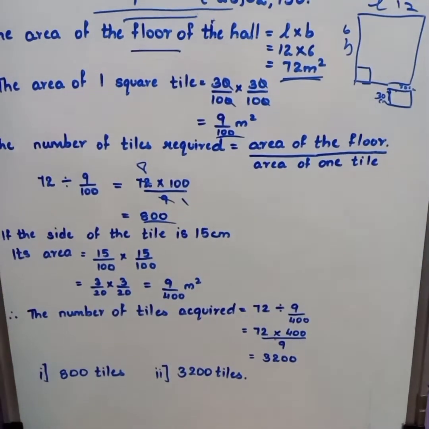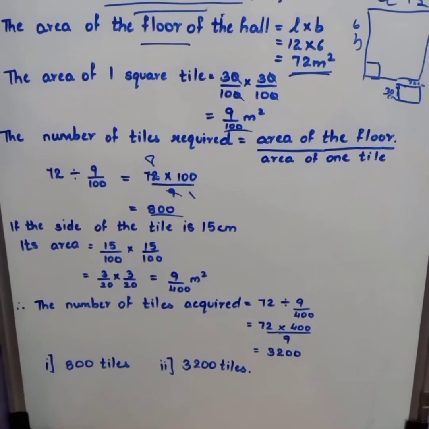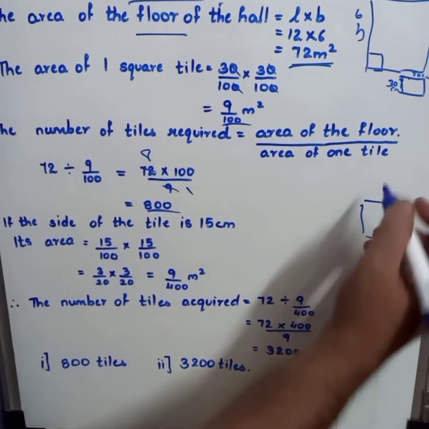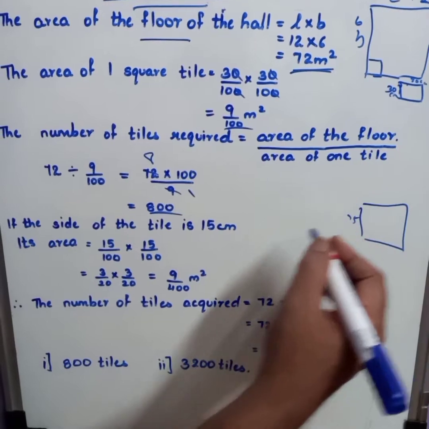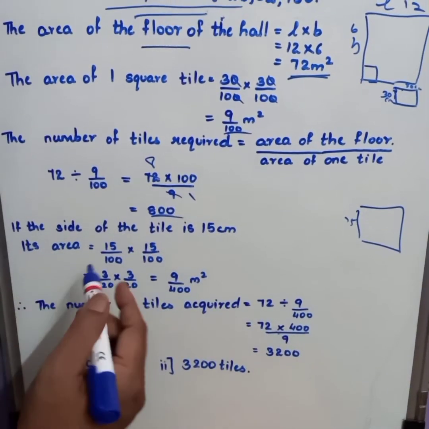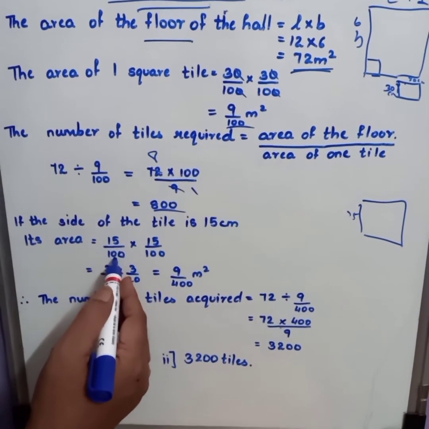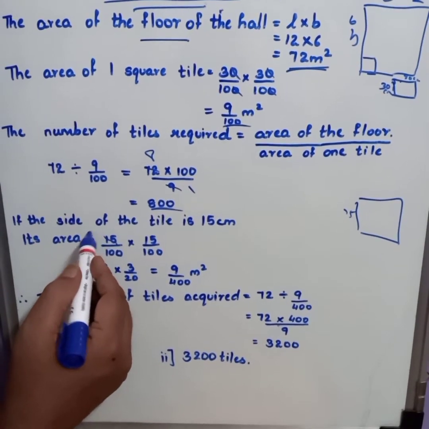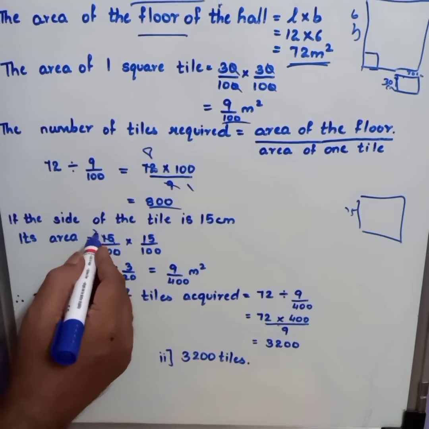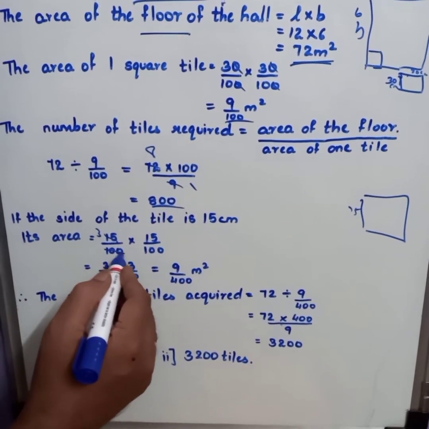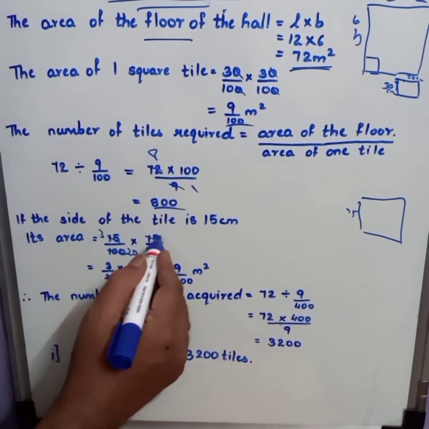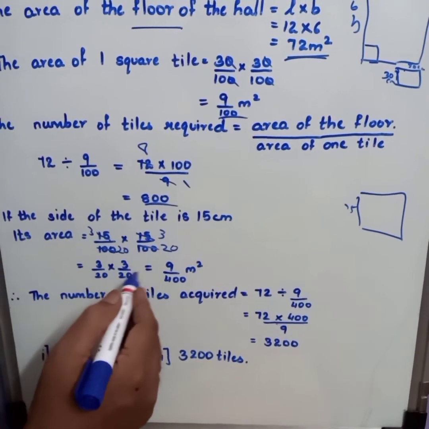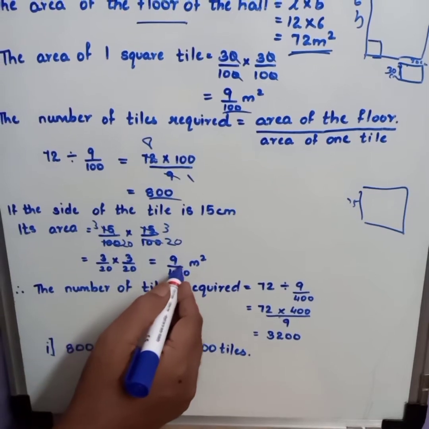Now the question has been changed. Now the tile side is 15 centimeter. It has been reduced. The first one was 30, now it is 15 centimeter square. So again we'll do the same procedure. 15 upon 100 into 15 upon 100. That comes up to, 3 5s are 15, 5 20s, same way 3 and 20. So it is 3 into 3, 9, and 20 into 20, 400.